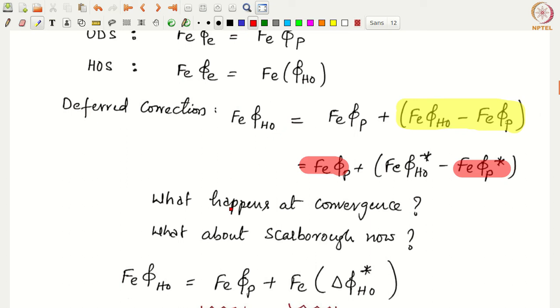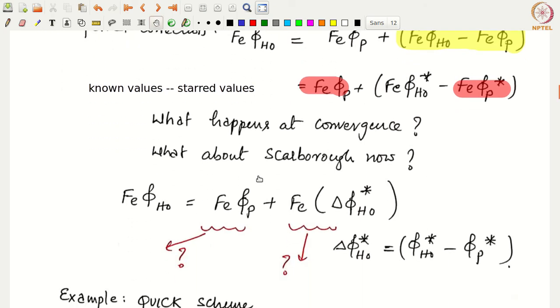And now what about the Scarborough criteria? Because this term is written as F_e Phi P, and these two terms are evaluated at the star level, that is the current iterate level, or known values, the starred values, where do these terms go?